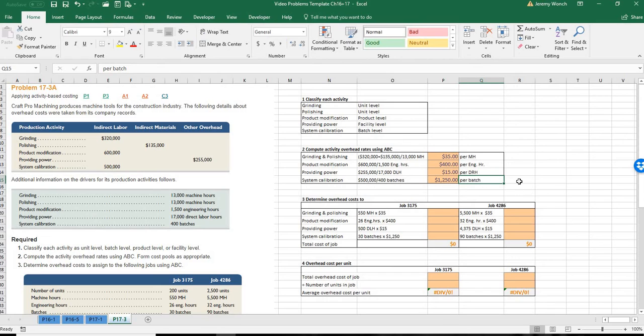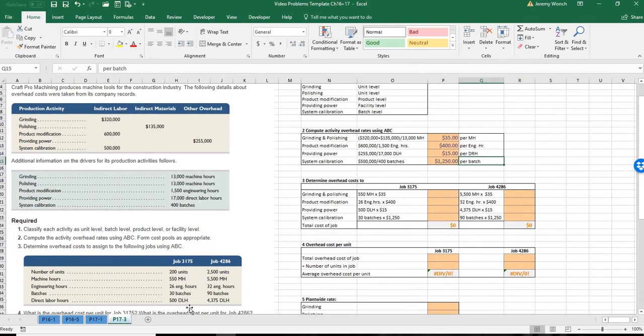As these jobs go through, we're going to track the number of machine hours that each one of these jobs uses, and then multiply that times our driver rate to get the overhead applied to that job. Down in part 3, grinding and polishing is driven by machine hours. There were 550 machine hours at a rate of $35 per machine hour.